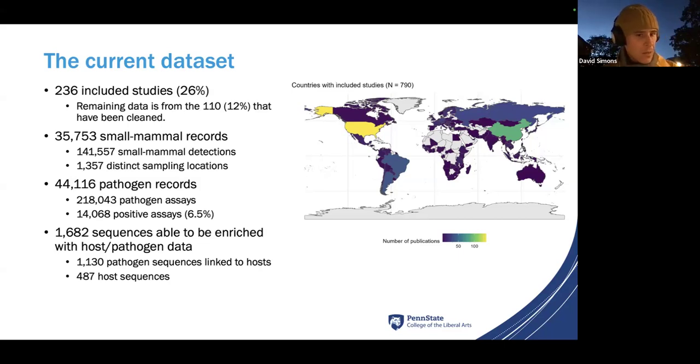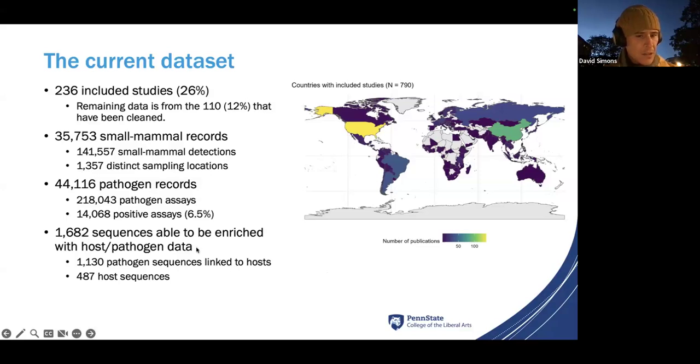And out of those 44,000, we have over 200,000 individual pathogen assays, and around 6% of them are positive. So the vast majority of samples are negative, which is fine. We expect that. But it's quite a high positivity. And so we probably need to look into some ways of looking at reporting bias as well in this.